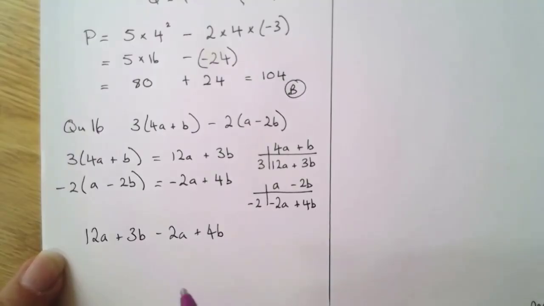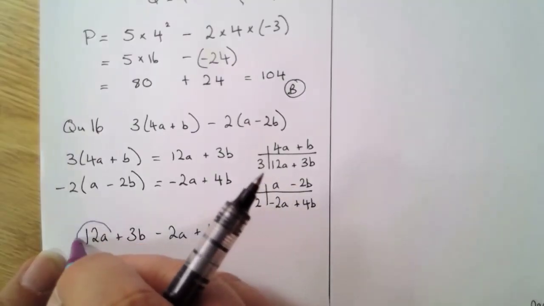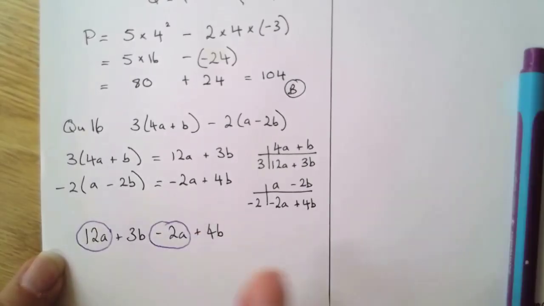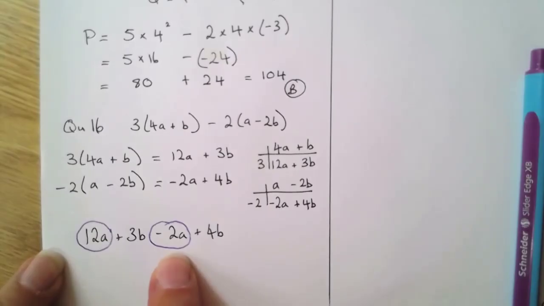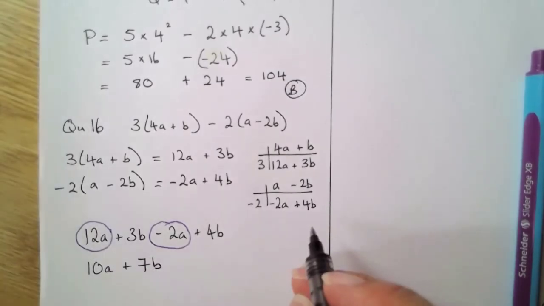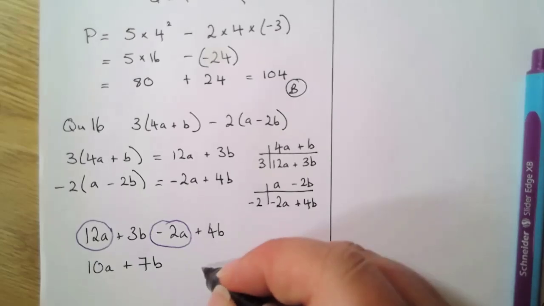And then we're going to simplify it. Again, we are looking carefully at our terms, still with the signs in front of them. 12a subtract 2a is 10a. 3b plus 4b is 7b. So the answer here is B.